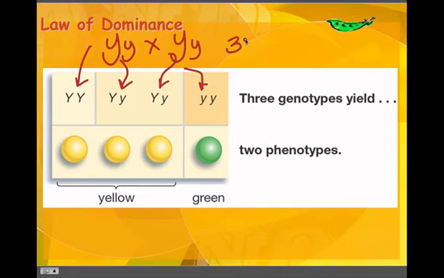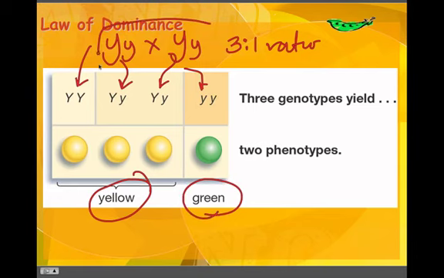We're going to get a 3-to-1 ratio. 3 yellow, 1 green, if two hybrids were crossed.